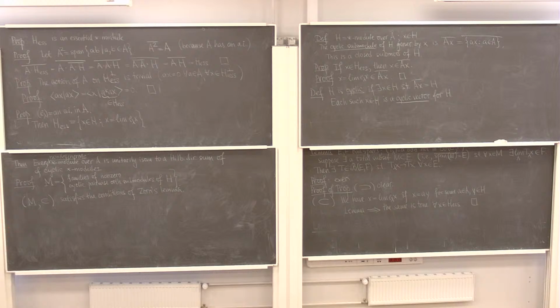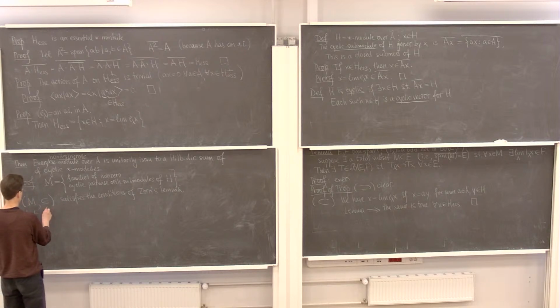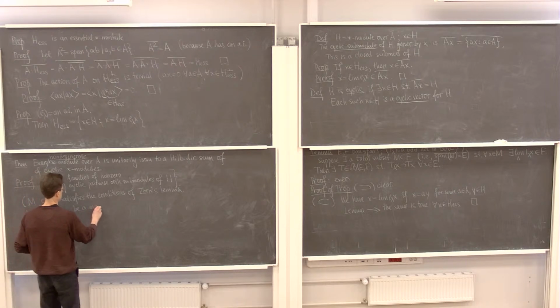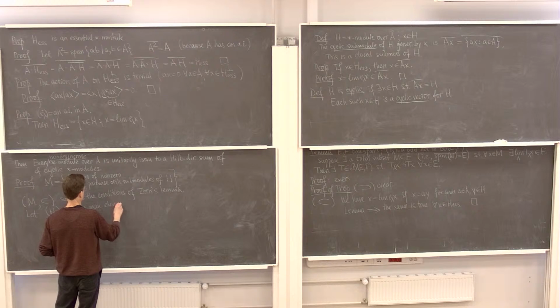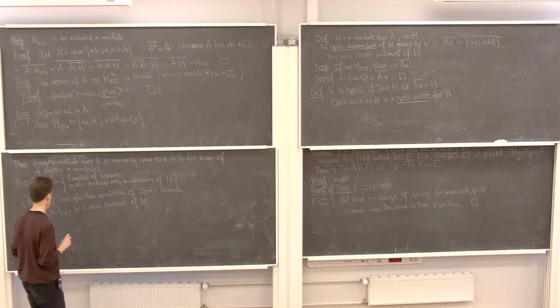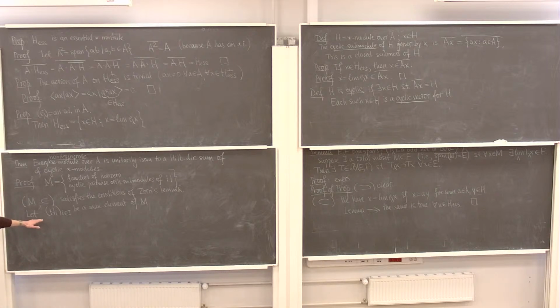So the conditions of Zorn's lemma are satisfied, and so there is a maximal element. Let's denote the respective family by H_i, a maximal element of M. I claim that this is exactly the family we are looking for.